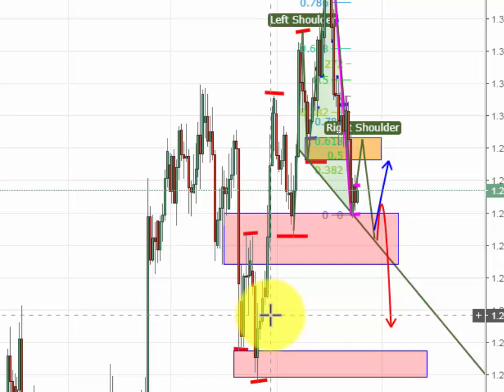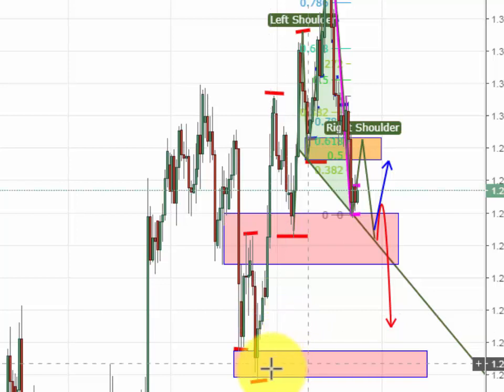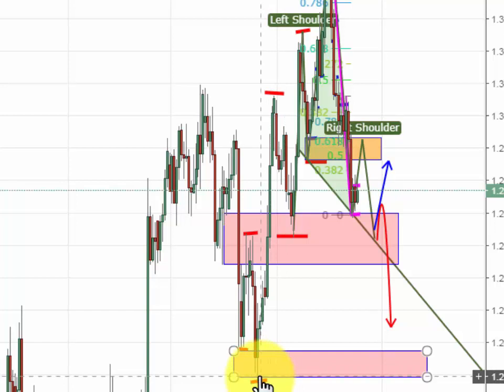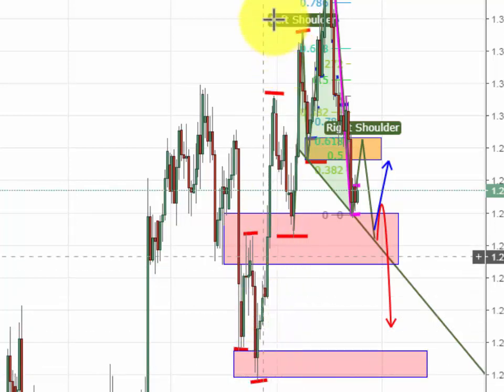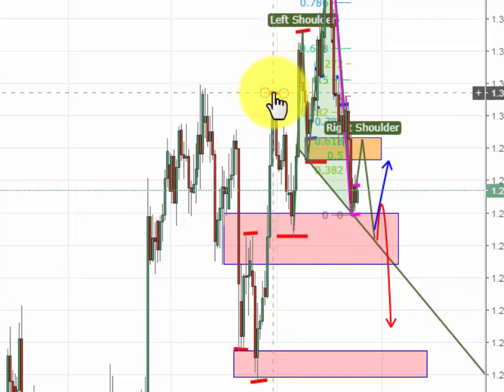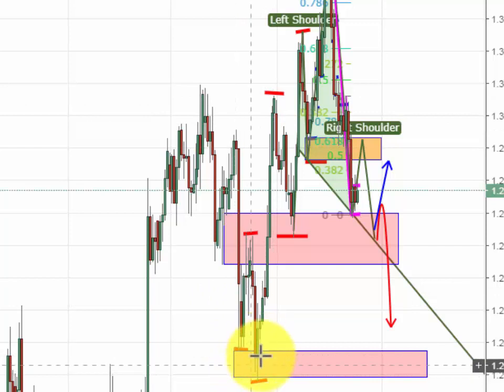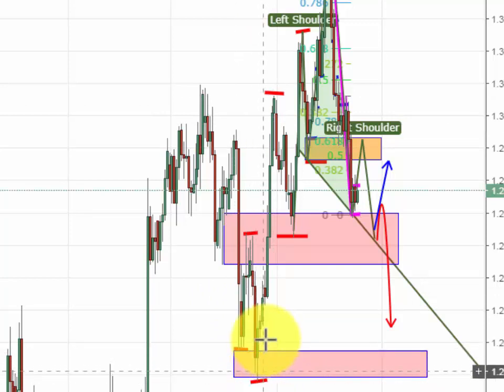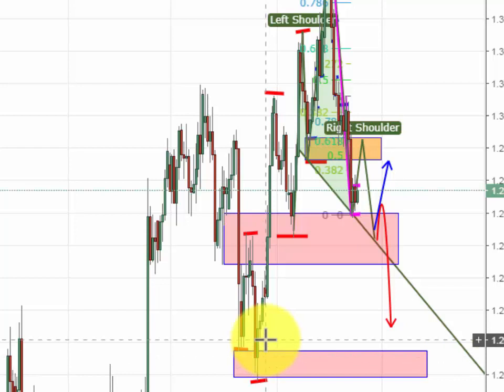Because there is already a structure low. So what the market is looking for right now is a structure high, this one. The problem with this structure is that you have to have the skill to identify the rejection price. When will the structure start? When will the structure end? And that, my friend, is a skill.